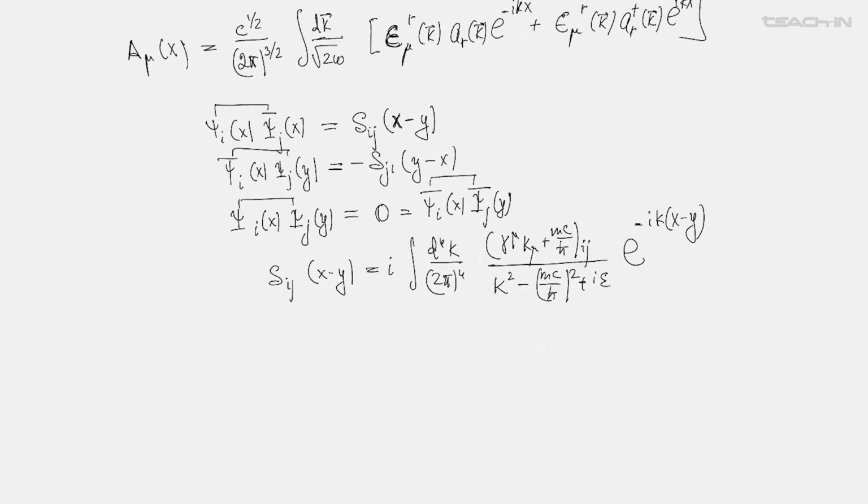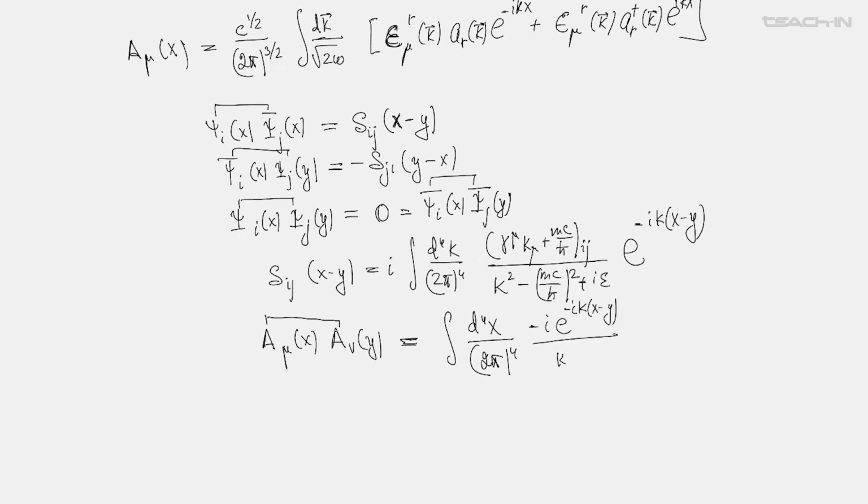Now we also have a propagator for the gauge field, A_mu at x and A_nu at y. We have discussed it. In full generality, with the parameter lambda, it looks as follows: minus i exponential of minus ik(x minus y) divided by k squared plus i epsilon. The mass term is epsilon because we are talking about photons.